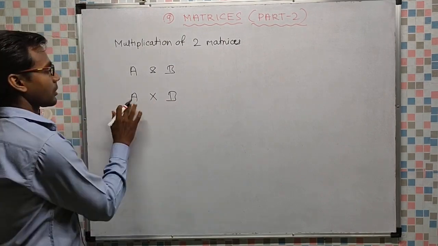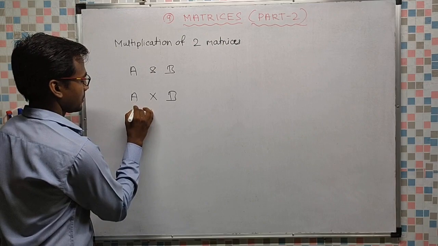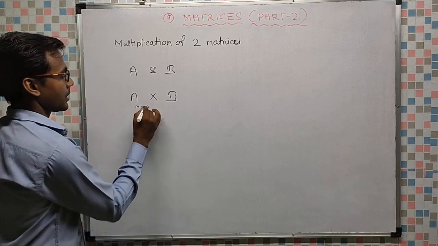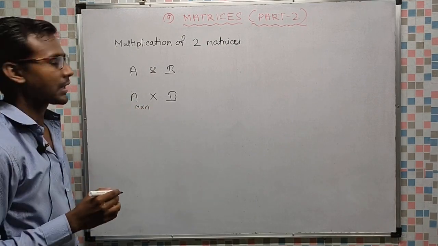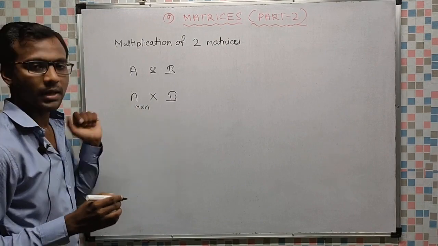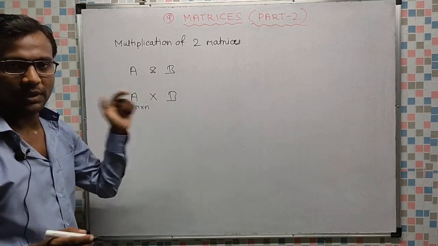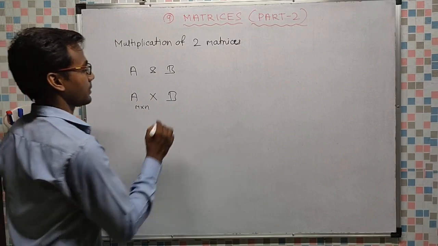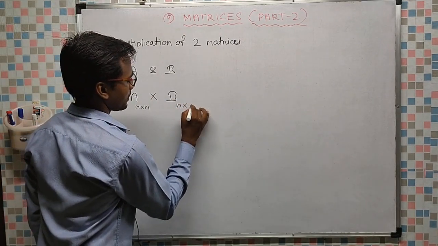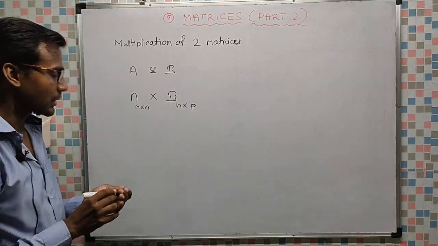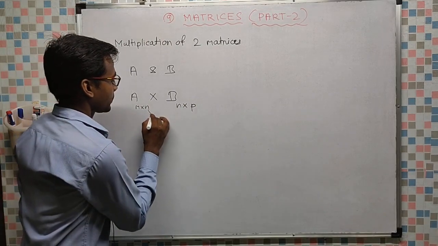Let the order of matrix A be m by n. Then the order of B should be n by p. These two should be same.